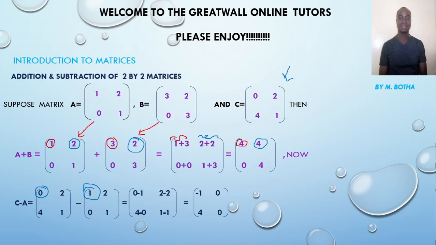And then we go to the second element in both matrices. So we have 2 minus 2, which will give us a 0. Again, we have 4, the first element in the second row of the first matrix. We also have 0, the first element in the second row of the second matrix.